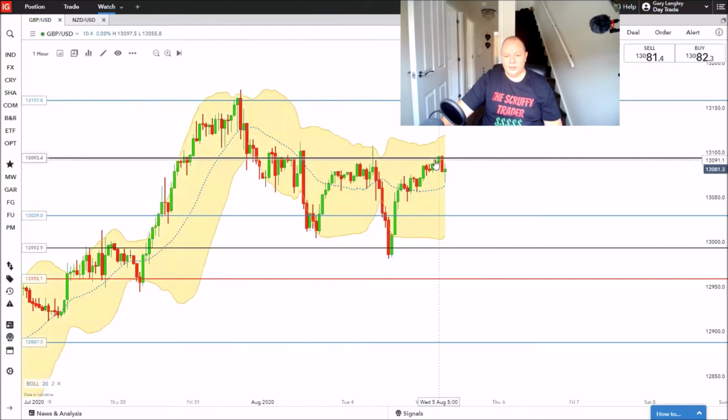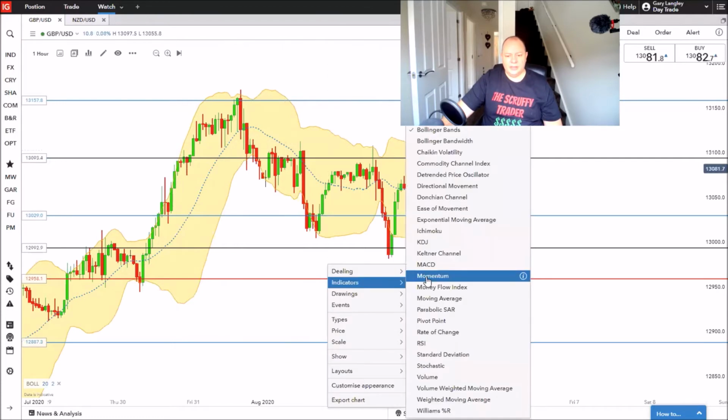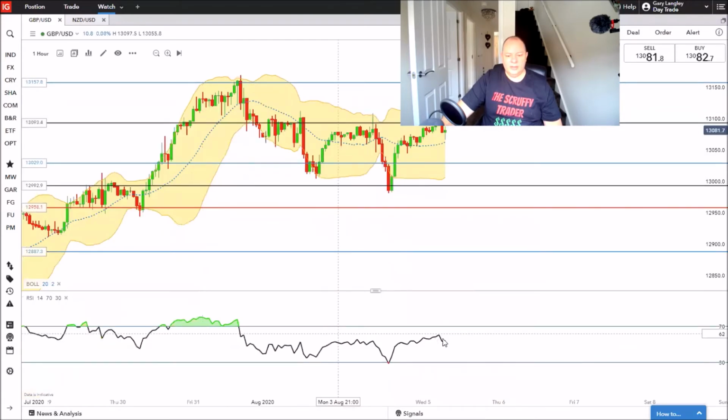All right, so contained within the bolly, it's not overstretched. I would have liked to have seen it pierce that. Basic RSI on. Let's see what that's got to say.